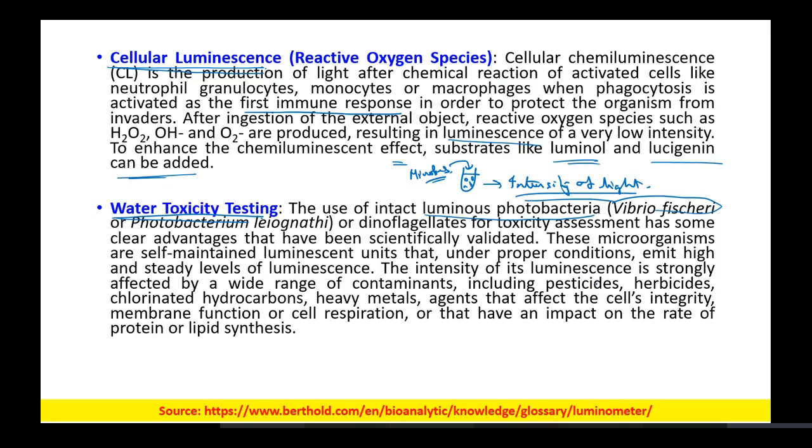The intensity of its luminescence is strongly affected by a wide range of contaminants, including pesticides, herbicides, chlorinated hydrocarbons, heavy metals, agents that affect the cell's integrity, membrane function, or cell respiration, or that have an impact on the rate of protein or lipid synthesis. In different ways it can affect the microbes. So in this way we can find out whether a given water is toxic or not.